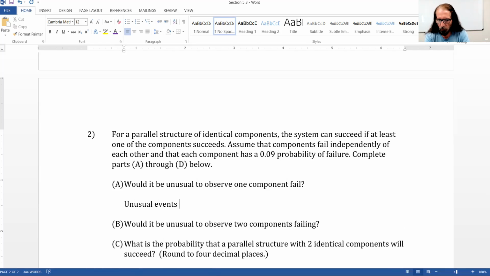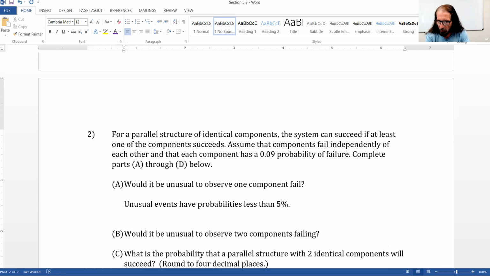I forget exactly whether it's less than or less than or equal to, but that won't be relevant for this example. I'll just type less than 5%. And so 9% is not less than 5%, and so no, it would not be unusual.